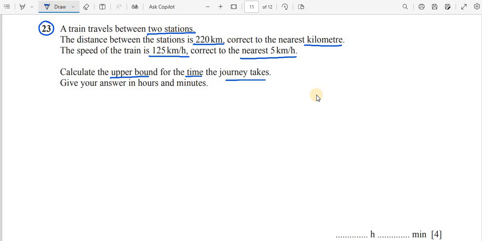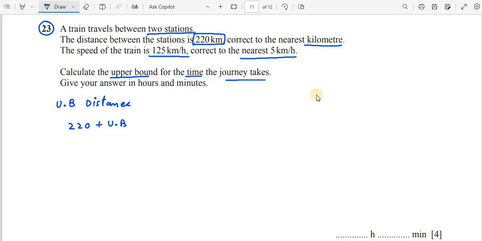First of all, we find the upper bound of distance. To find the upper bound of distance, the distance is 220 kilometers. 220 plus the upper bound.